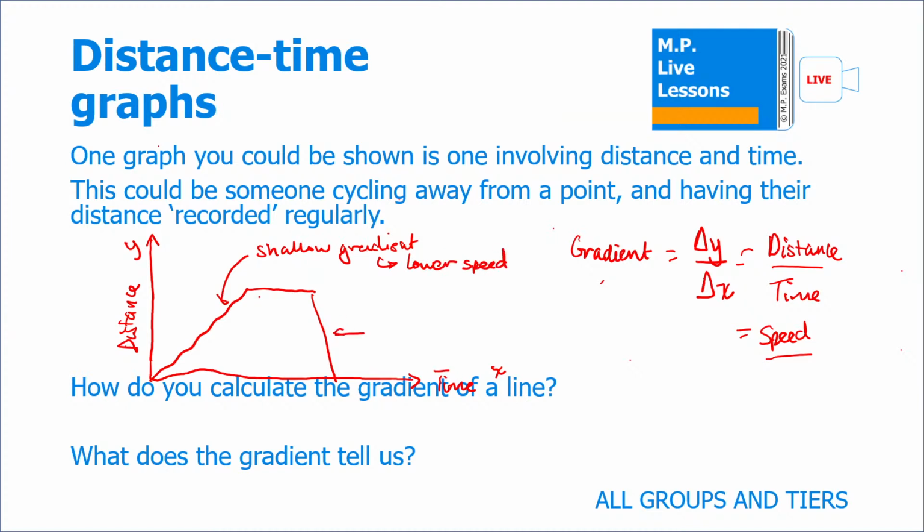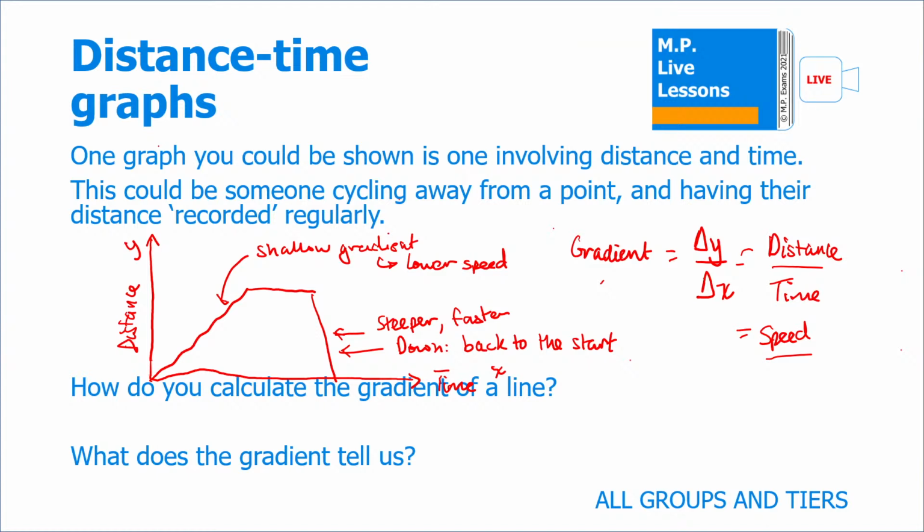Whereas this one is much steeper and is faster. You could also note that it's moving down, so back to the point, or back to the start. Whereas this flat line just shows the cyclist is not moving, so its speed is 0.